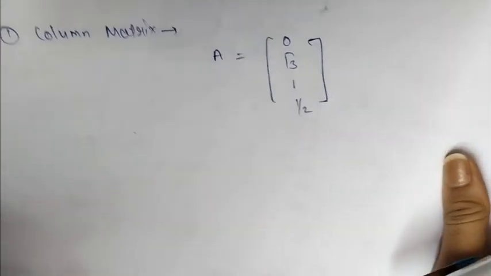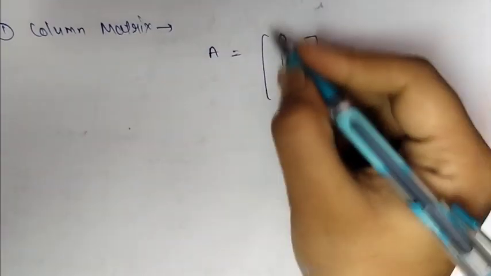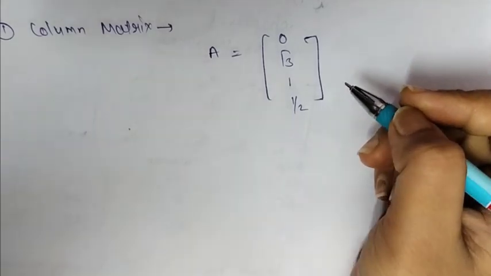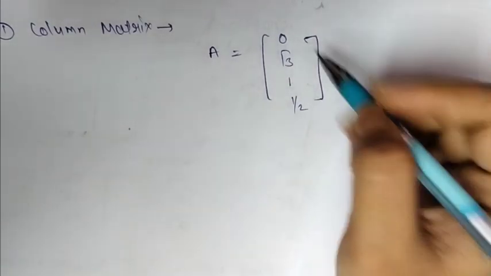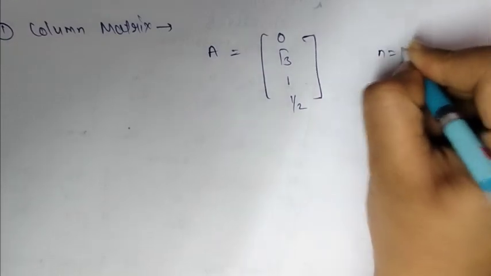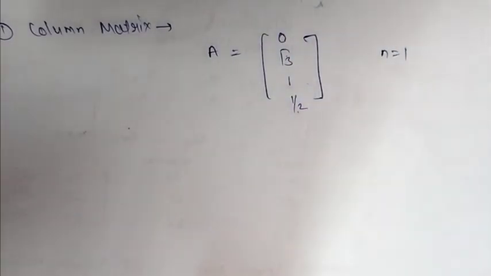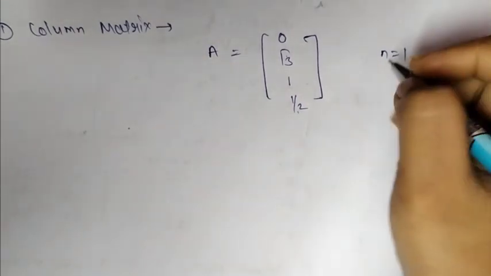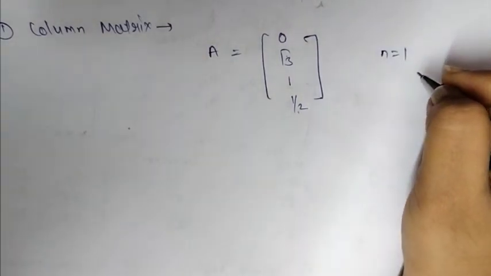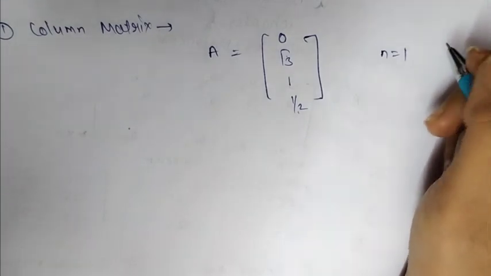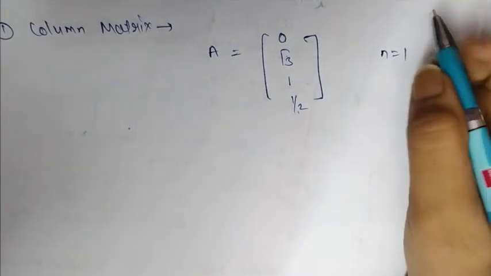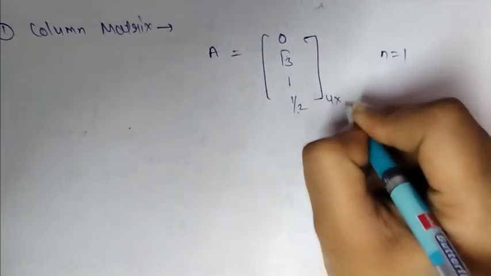And when we talk about the order of this matrix, in the example we have taken, n is equal to 1 and m is equal to 1, 2, 3, 4. Here we have a total of 4 rows and 1 column. So when a matrix has only one column, we can say this is a column matrix, and the order of this matrix is 4 by 1.